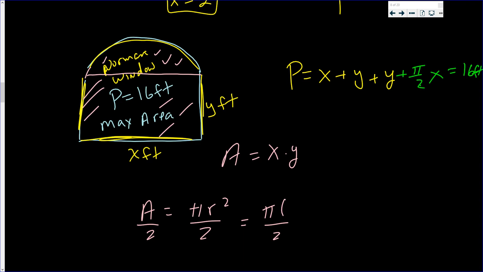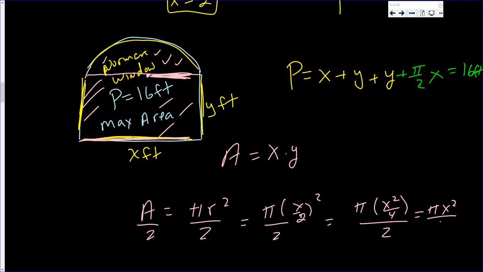Pi times r squared. Well, we talked about it. R is half of this. It is half of the whole thing. It's x over 2 squared. So we get pi times x squared over 4, over 2. That is pi x squared over 8. That is the area that we have to add on.